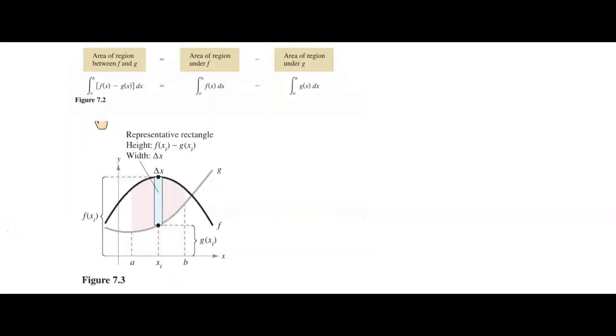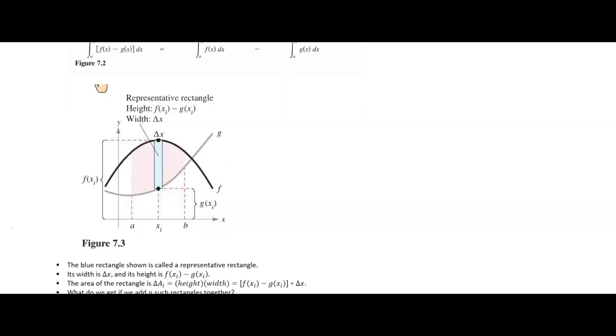The representative rectangles that we draw, for the height of that shape at any point, would be the height at g of x minus the height at f of x, or whichever order it's in. In this case, they've swapped the order. The blue rectangle is called a representative rectangle, and its width is delta x.